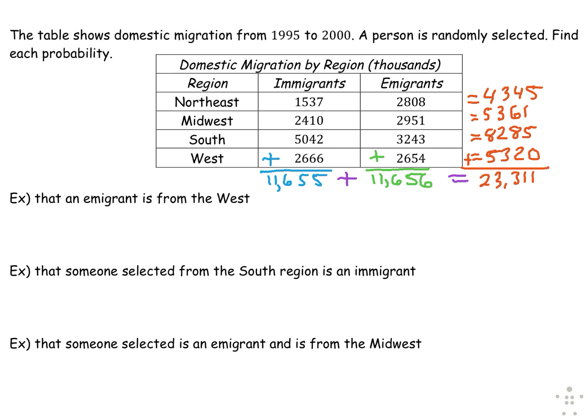Continuing with this idea of dependent probability, where the probability of an event first affects another event, we could do this with a table as well. So this is domestic migration from 95 to 2000 in the U.S. And this is in thousands of immigrants and emigrants.